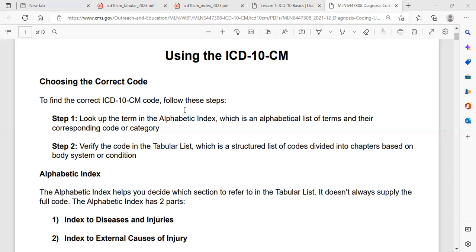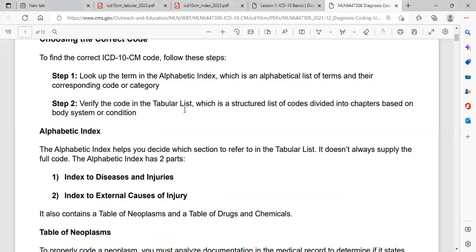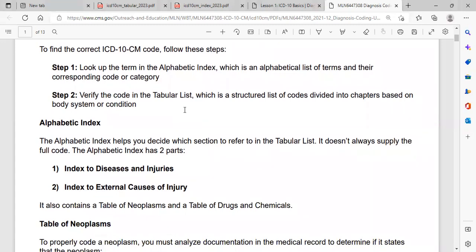Now, when we're talking about diseases and disorders, it can work two ways. One, a disease or an injury. So if a person has a congenital leg condition, or a condition they were born with, or a disease they acquired, in the alphabetic index they would look in the disease and injuries index.